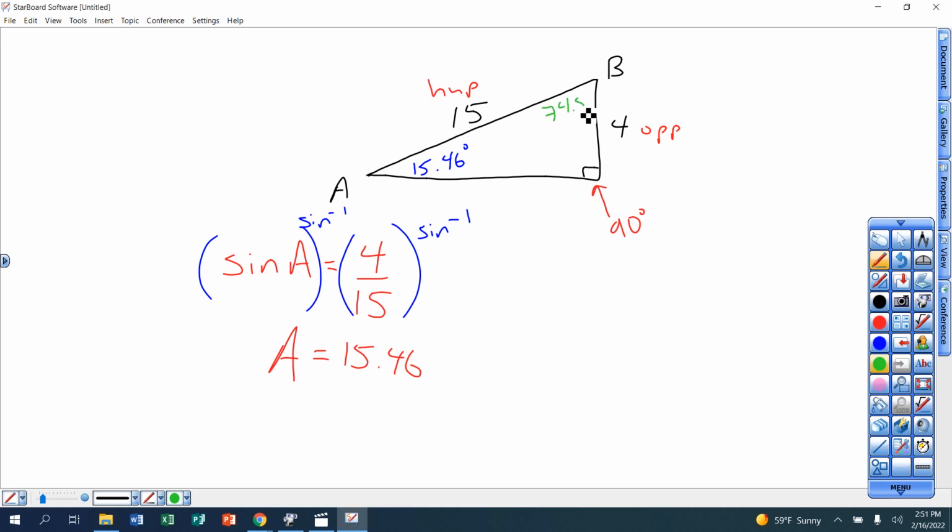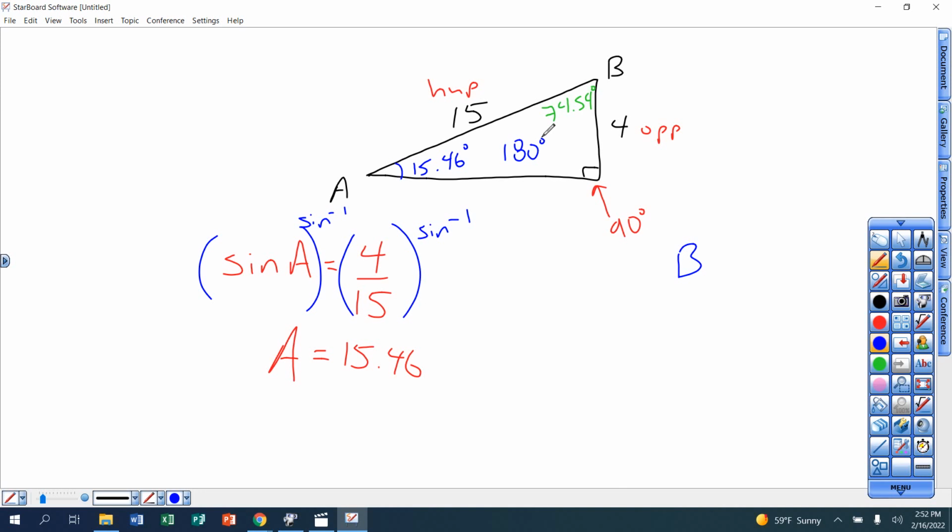All right, let's use trig now. See if we could duplicate that. All right, coming in from angle B, ladies. What pieces did I give you on this triangle? Wait, how'd you get the 74 point? Because I'll tell you, all three angles in a triangle always add up to 180 degrees.